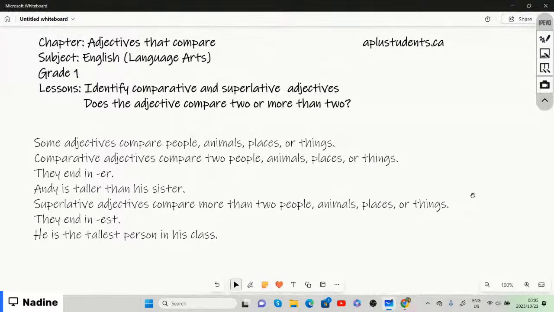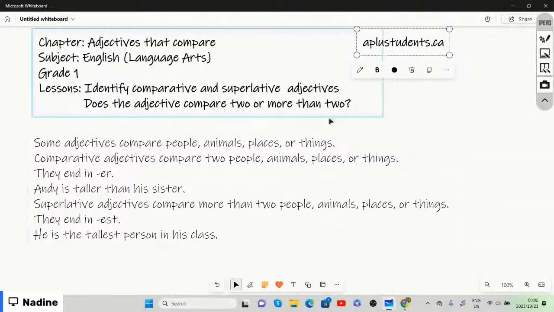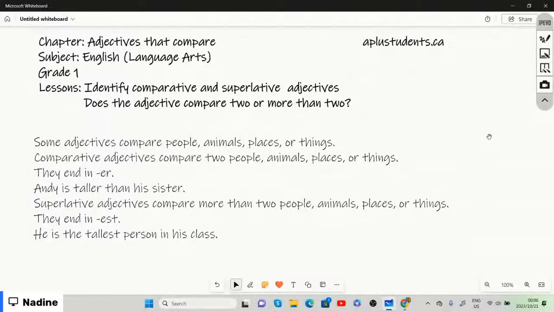When it comes to adjectives that compare, before we go into them, we are doing a tutorial lesson on aplusstudents.ca. If you want to go back, recap, or go over certain things, you can go to aplusstudents.ca.